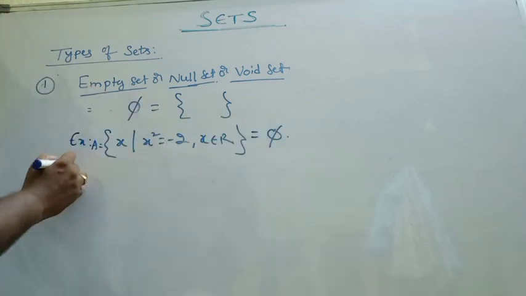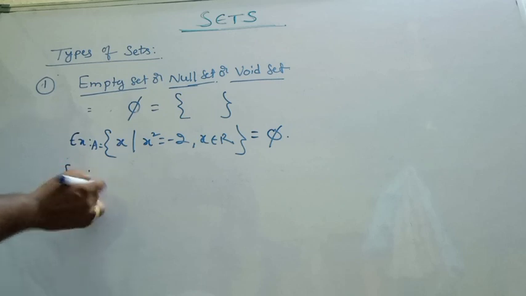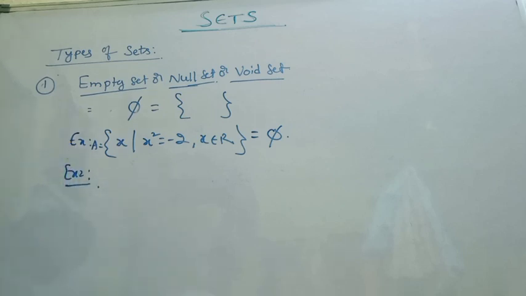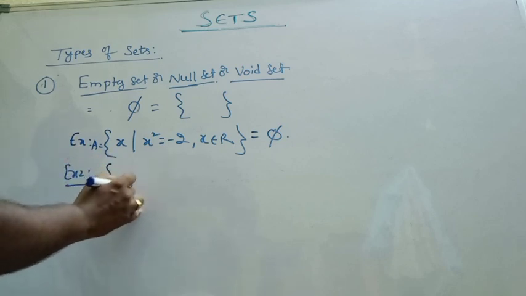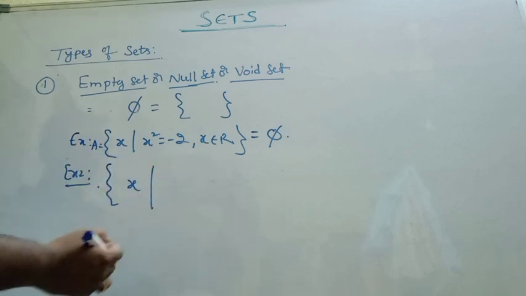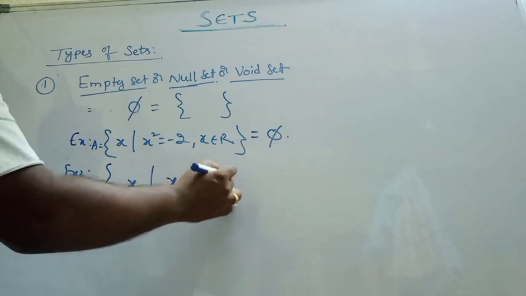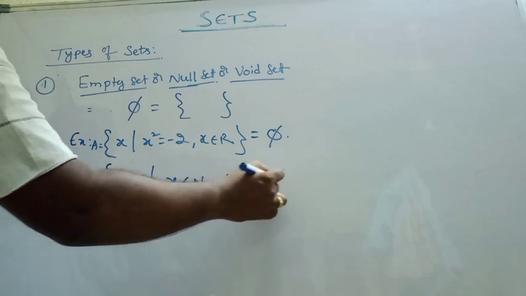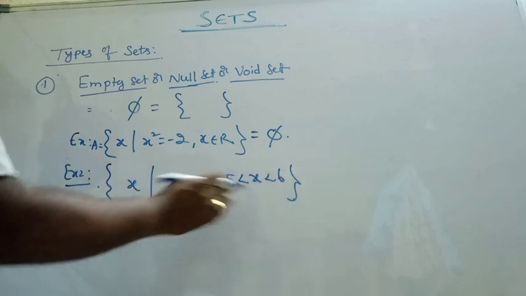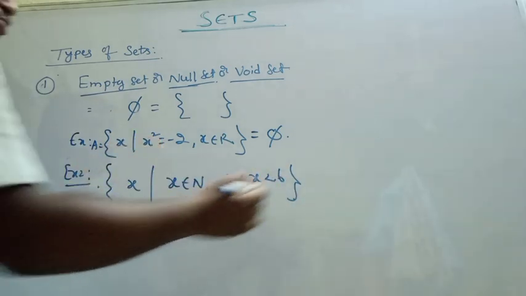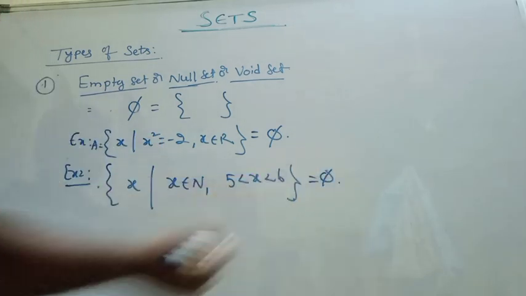Another example: x such that x belongs to natural numbers and 5 less than x less than 6. Between 5 and 6, do you find any natural numbers? No. That's why it is an empty set.